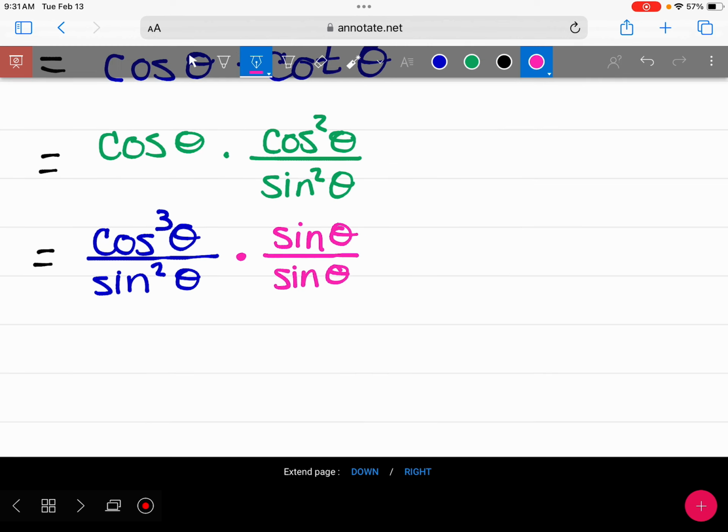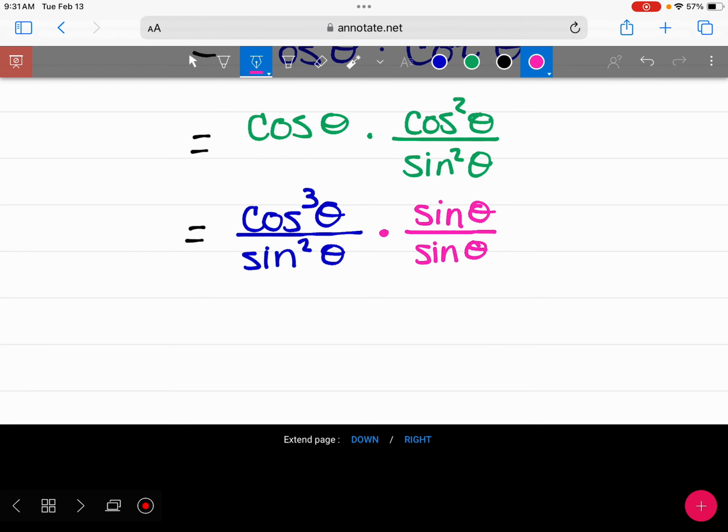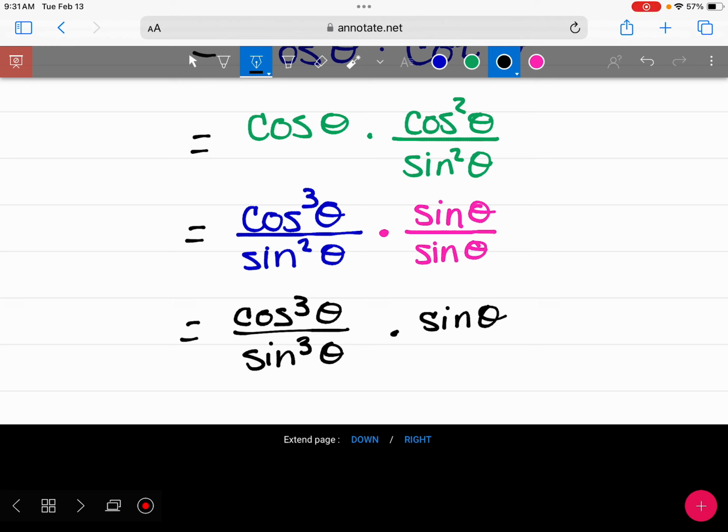Since I want to have cotangent cubed, I want 3 sets of cotangent, which means I need another sine. That lets me have cosine cubed theta over sine cubed theta. And we have an extra sine over here.